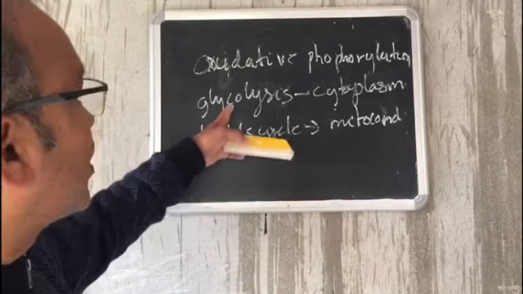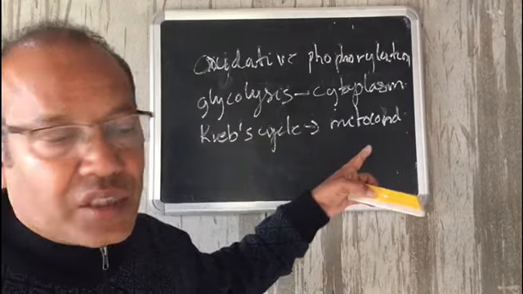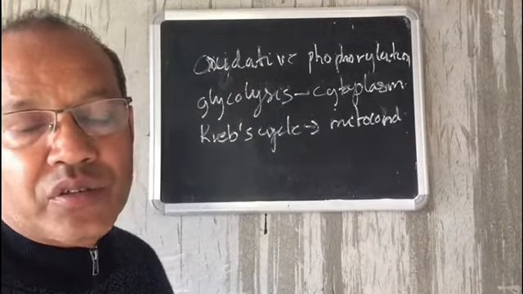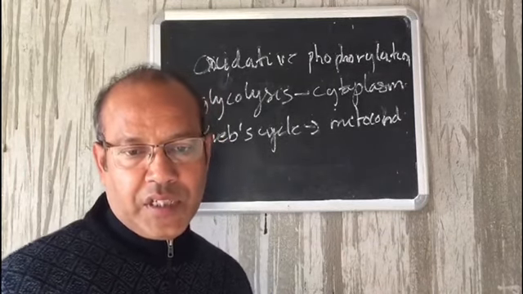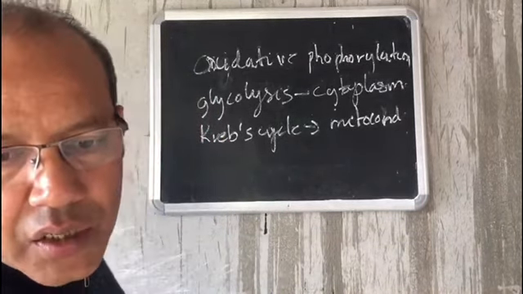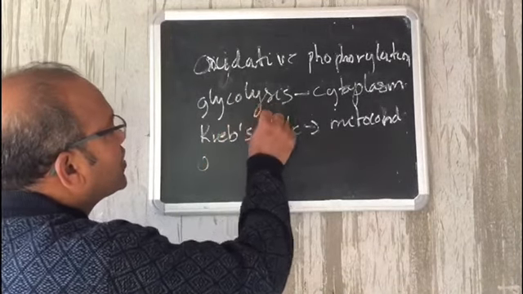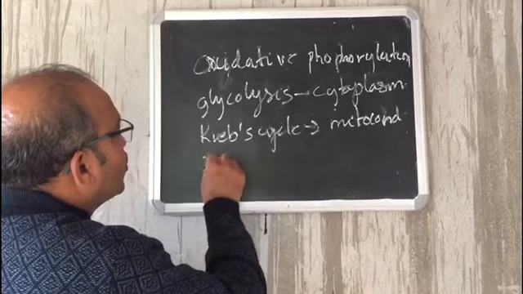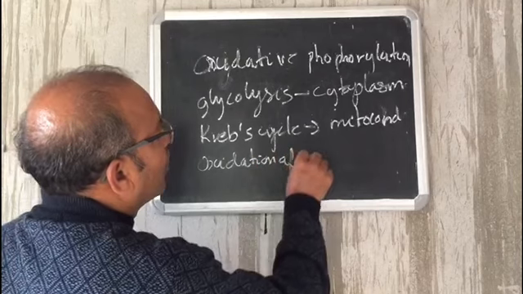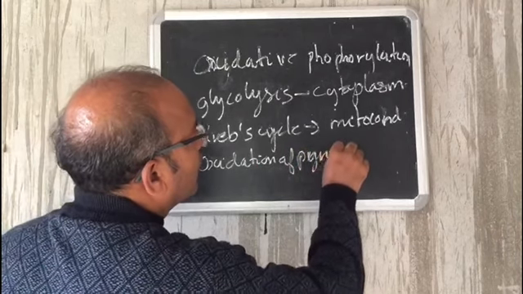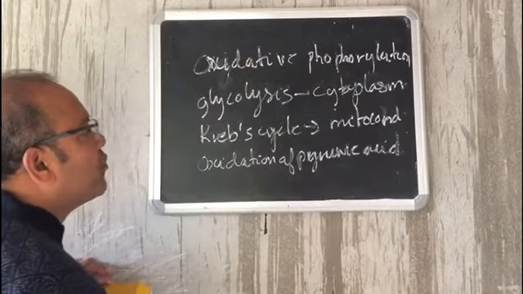Glycolysis does not require oxygen, but the Krebs cycle requires oxygen. That is why it takes place inside the mitochondria, which is an oxidative organelle. Besides that, after glycolysis, before the Krebs cycle, pyruvic acid is produced. The oxidation of pyruvic acid also is done with the help of mitochondria.